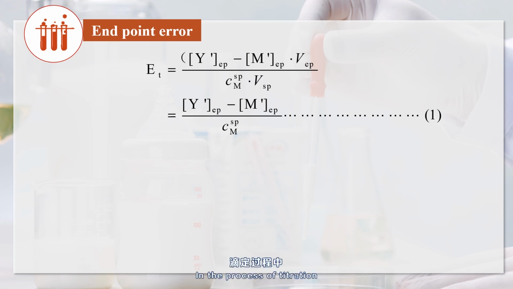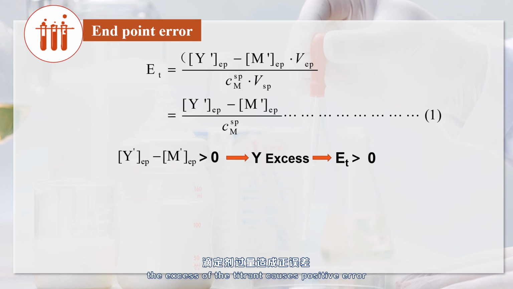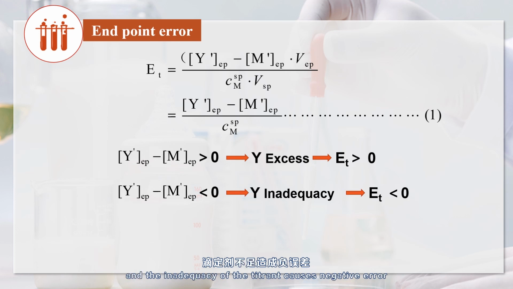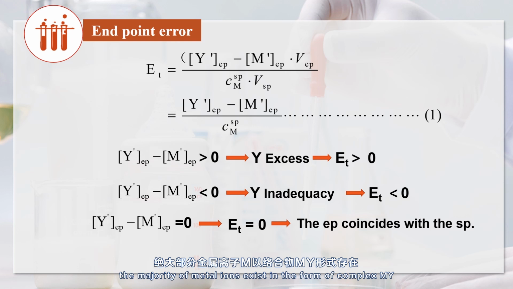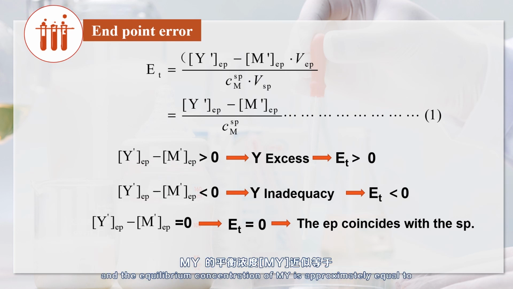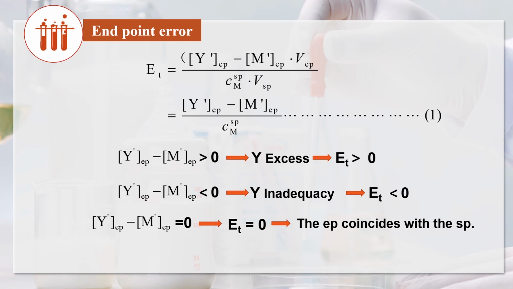In the process of titration, the excess of titrant causes positive error, and the inadequacy of the titrant causes negative error. Near the stoichiometric point, the majority of metal ions exist in the form of complex MY, and the equilibrium concentration of MY is approximately equal to the analytical concentration of metal ion CMSP.